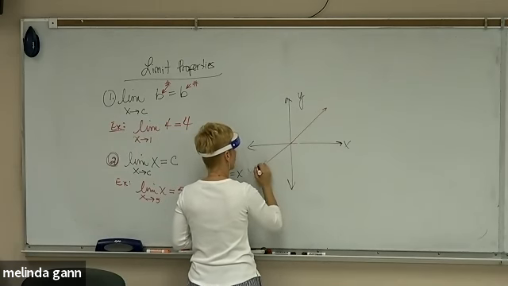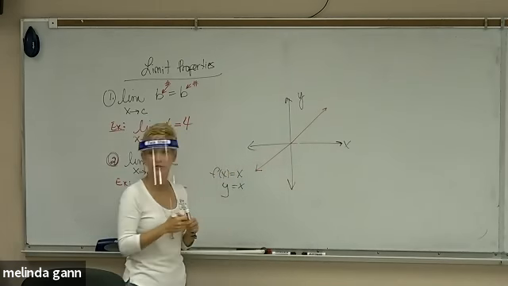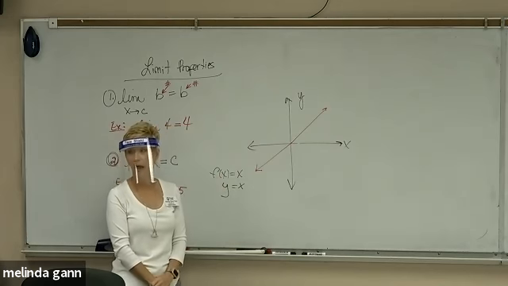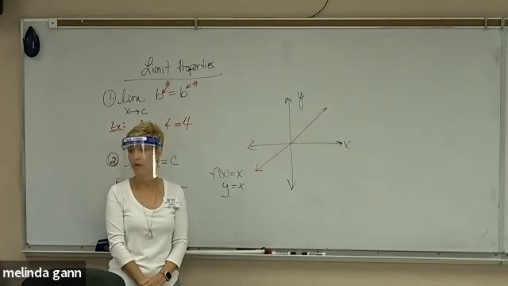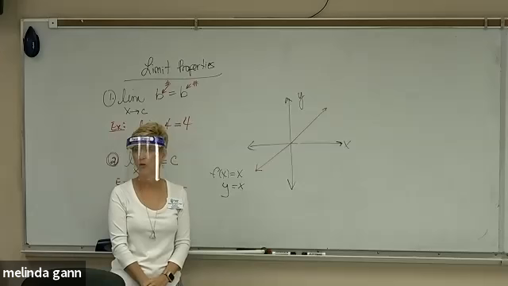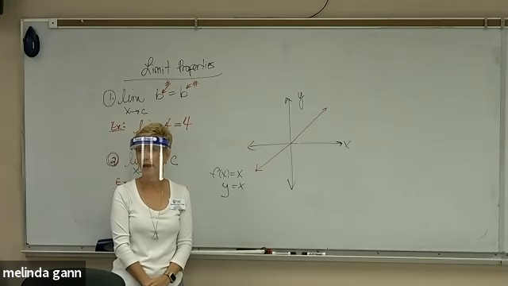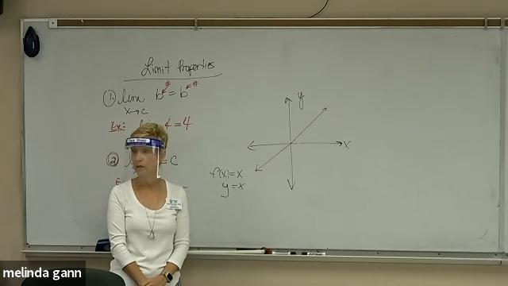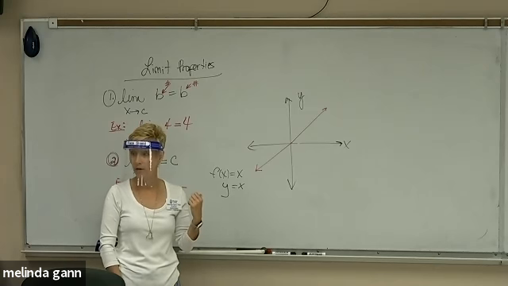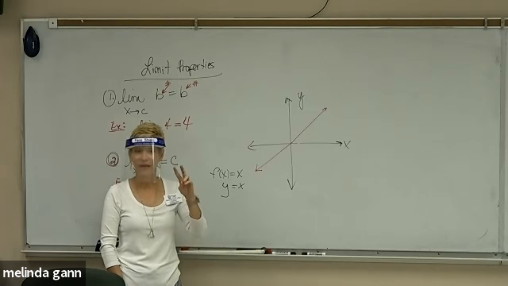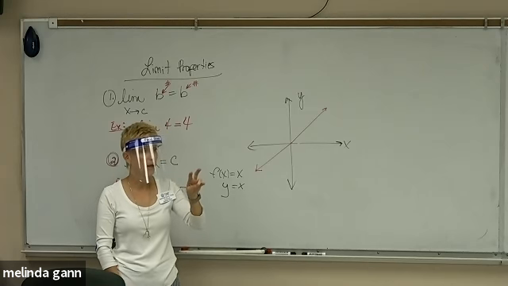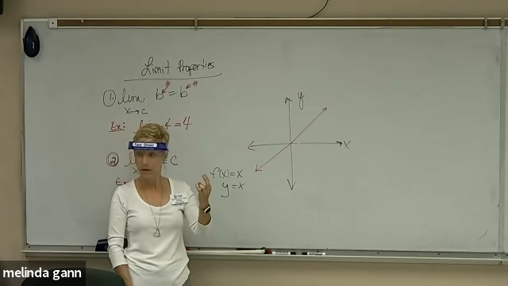Now, what points are on that line? Give me a point that's on that line. 1, 1. What's another one? 0, 0. Give me another one. 3, 3. How about negative square root of 17, negative square root of 17. You with me? So on that graph, what about the x's and y coordinates? They're always the same.